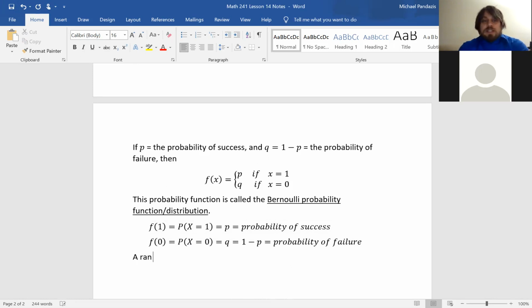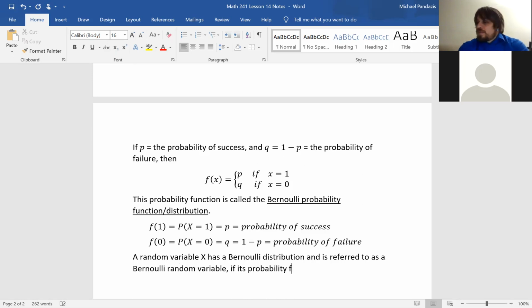So a random variable, capital X, has a Bernoulli distribution and is referred to as a Bernoulli random variable if its probability function is the Bernoulli probability function.